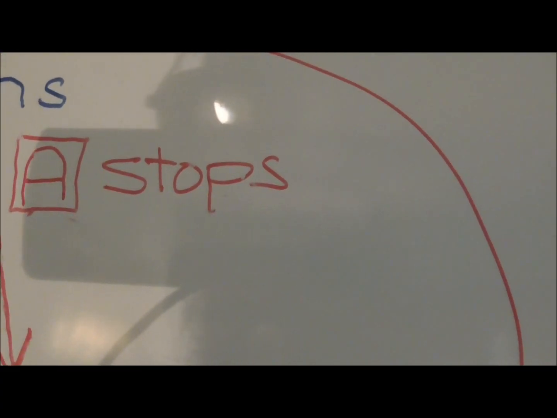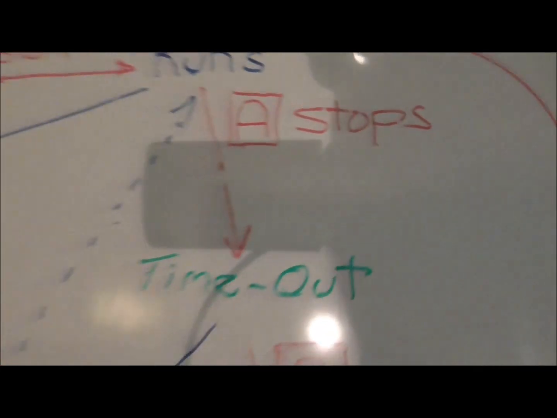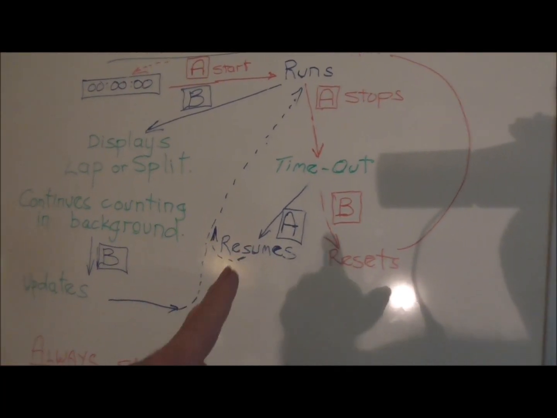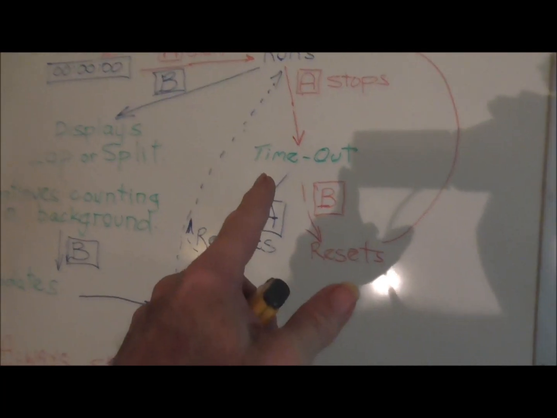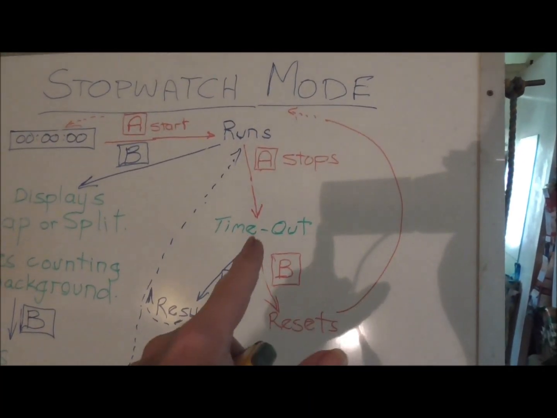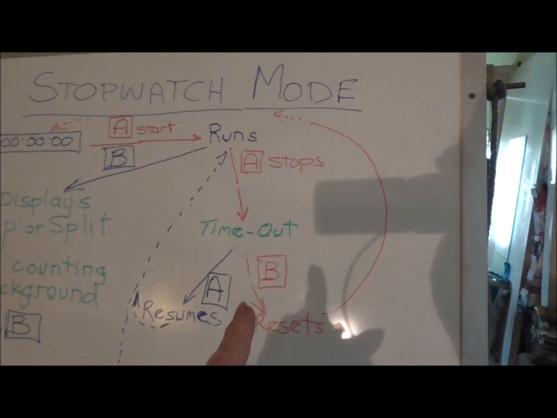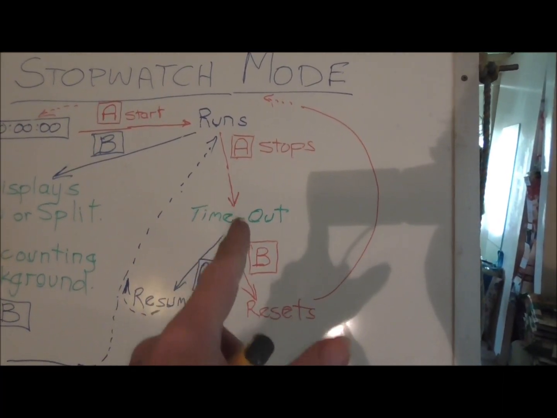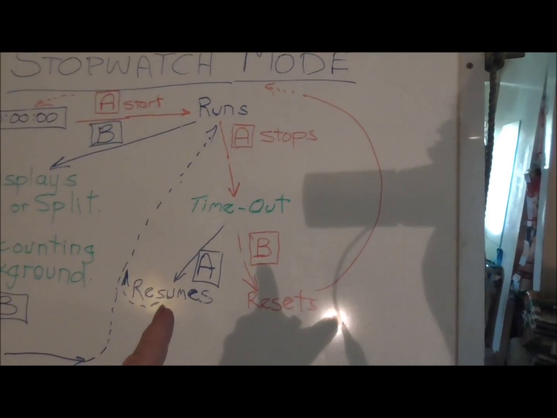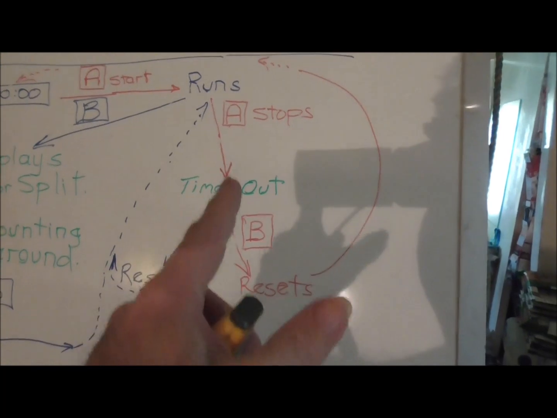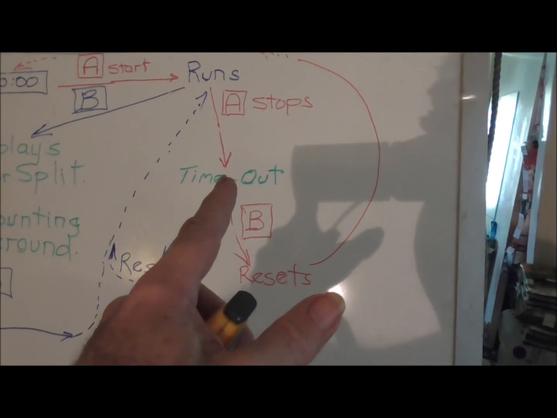You can see that whichever side of this you are on, if you're over here and you're timing a race, if you are officiating at a basketball game, you'll stop it with button A, it'll go into timeout.